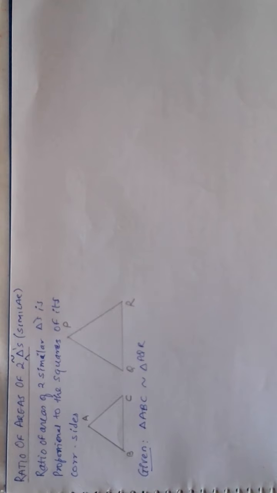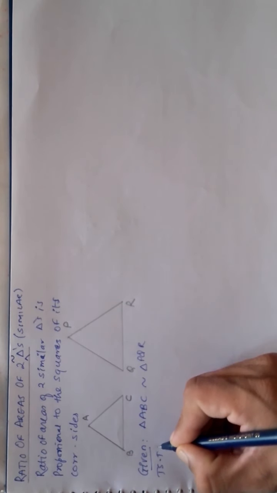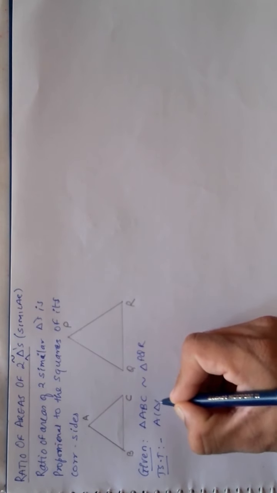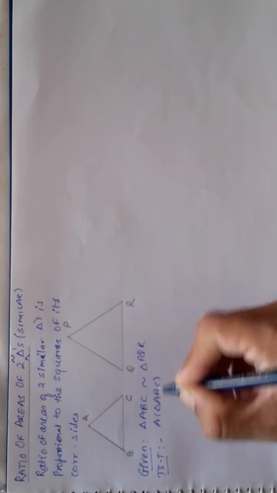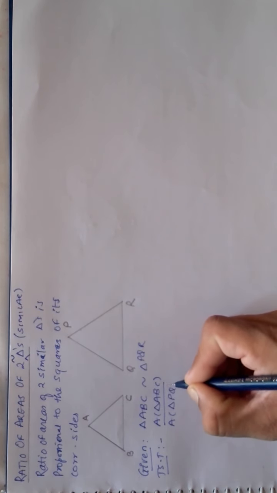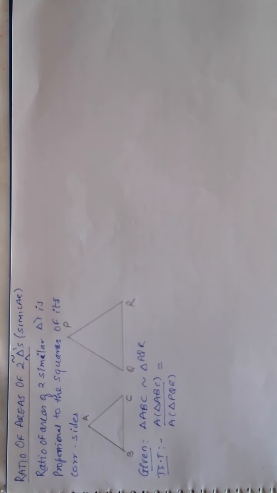I have to show that the areas of these two similar triangles will be proportional to the squares of their corresponding sides.